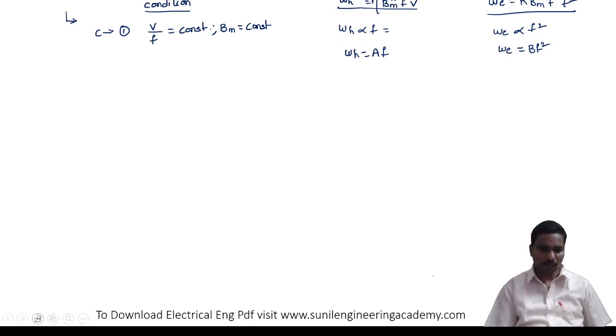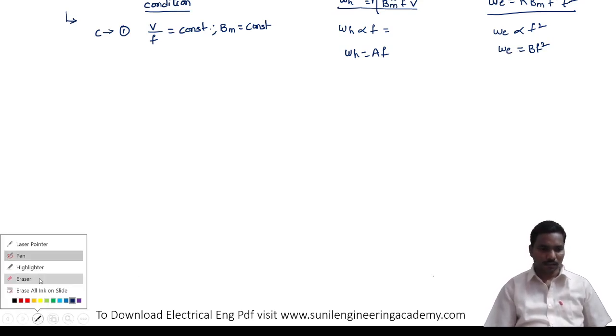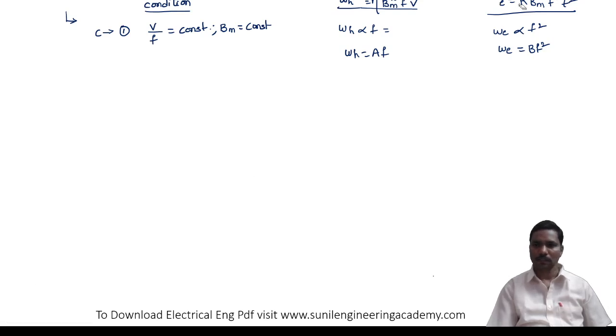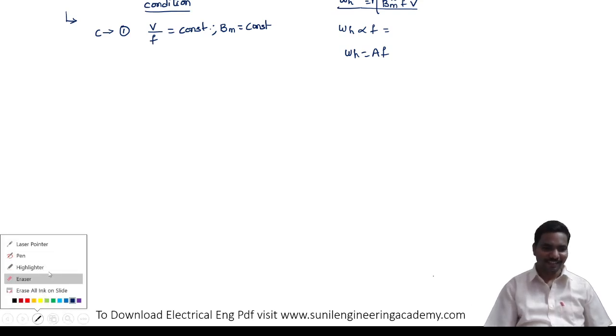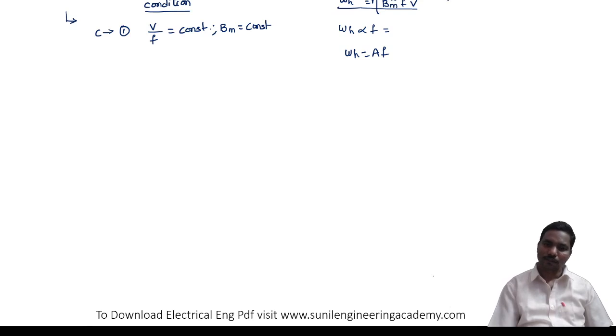If I take all these together, then it will be very easy. Don't mind, I have wasted your time. So eddy current losses are K B max square F square T square.